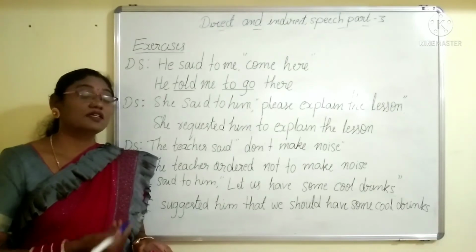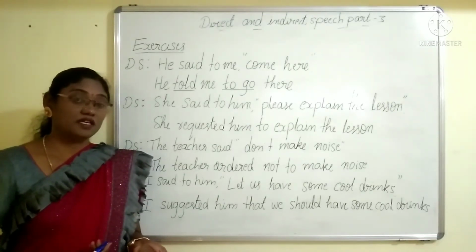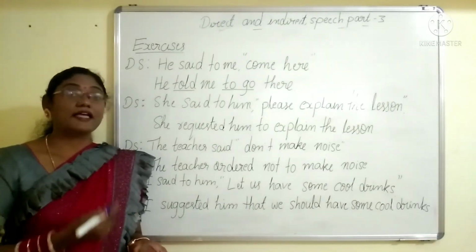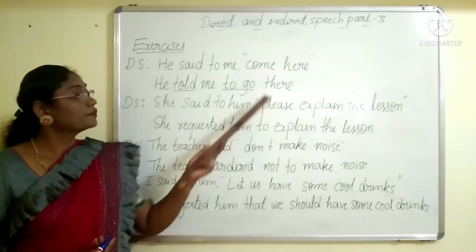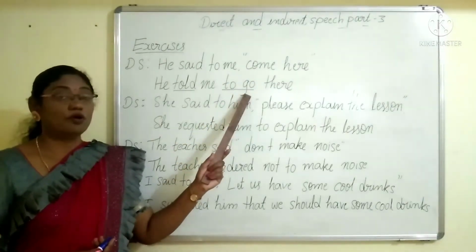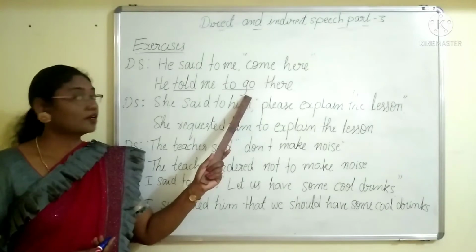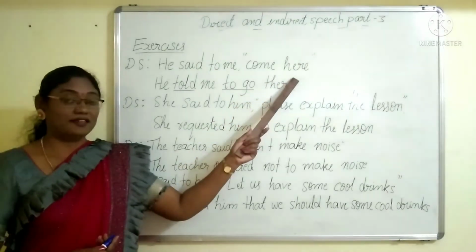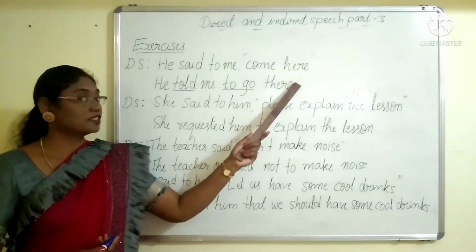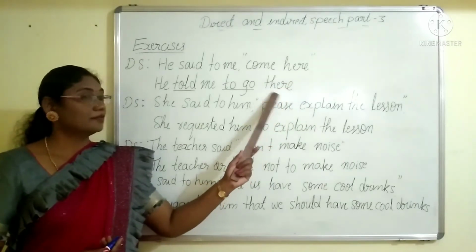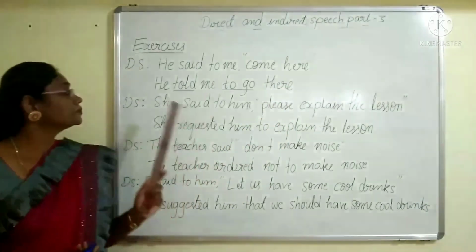So we have learned such expressions in the previous class, right? As per that rule, come became go, okay. Then here again the changing expressions, here became there, okay.